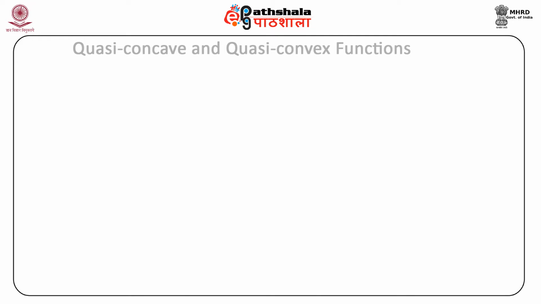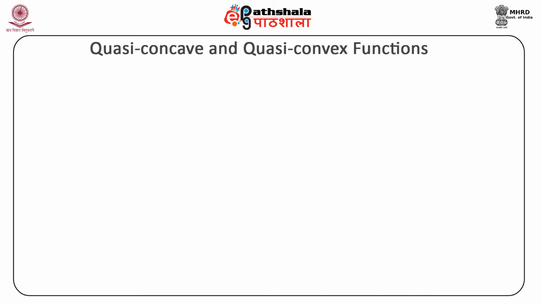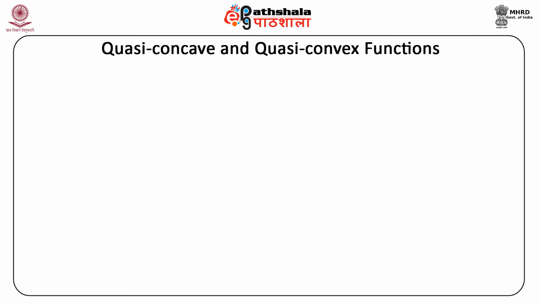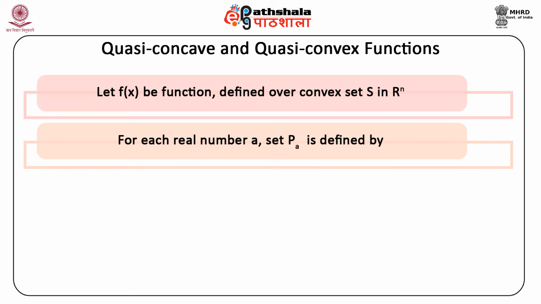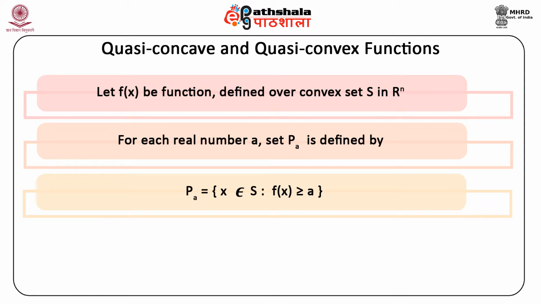Now let us begin with the topic of quasi-concave and quasi-convex functions. Let f(x) be a function defined over a convex set S in R^n. For each real number a, we define the set Pa as the set of x belonging to S for which f(x) is greater than or equal to a.